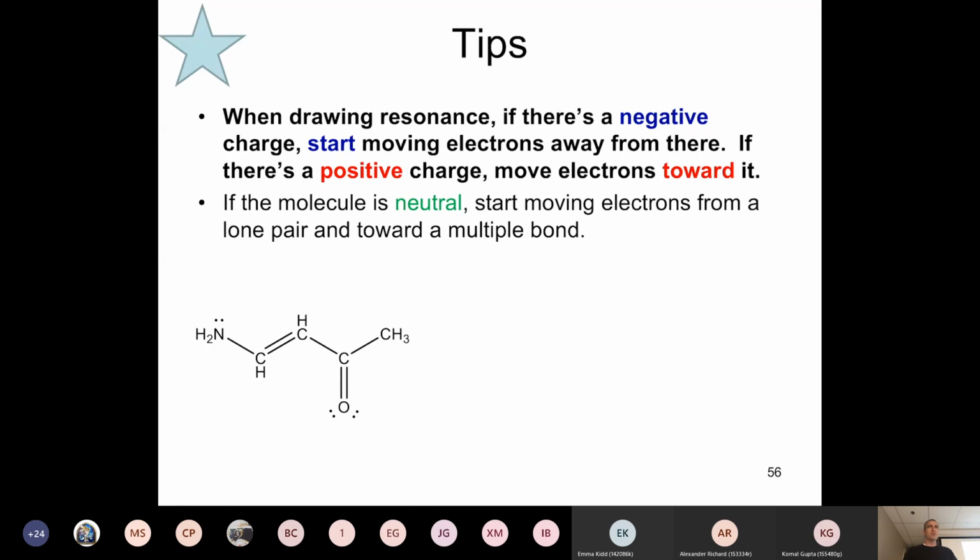Just based on the examples we've seen, a number of steps where we have a carbon double bond oxygen and 2 lone pairs, we've moved the pi bond in the double bond over to the oxygen. So that's a place we can start. Or you could look at the left side of the molecule and say, well, there's a lone pair on the nitrogen. That's maybe a place we could start as well. We could start either place. So why don't we start on the carbon going to oxygen, like that.